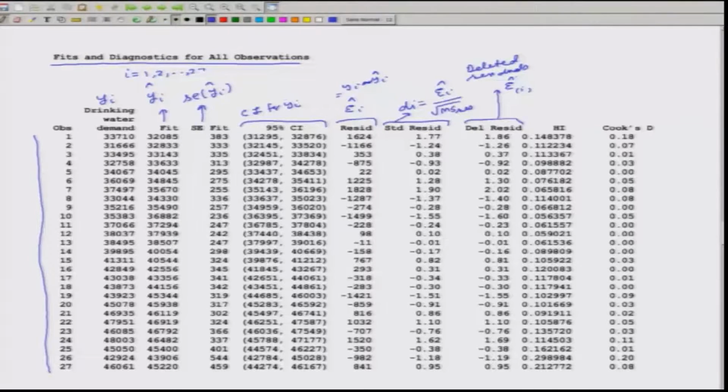And this hi, in our notation is hii, and this is the ith diagonal element of hat matrix H, that is X (X transpose X) whole inverse X transpose.